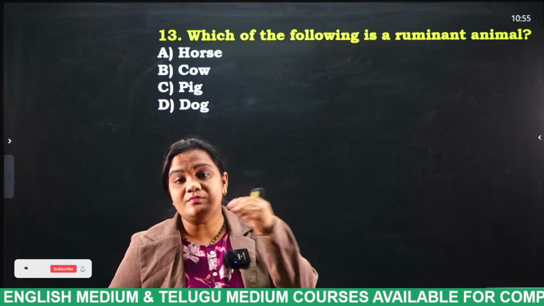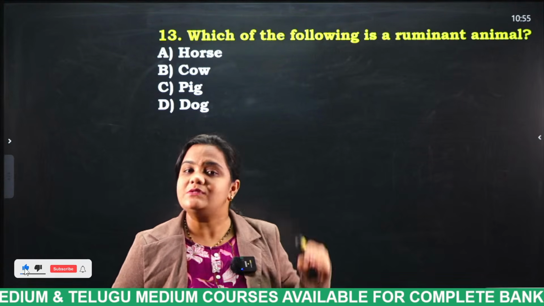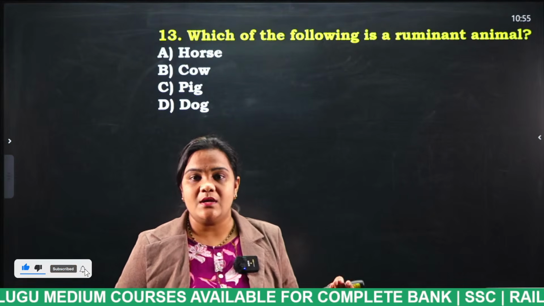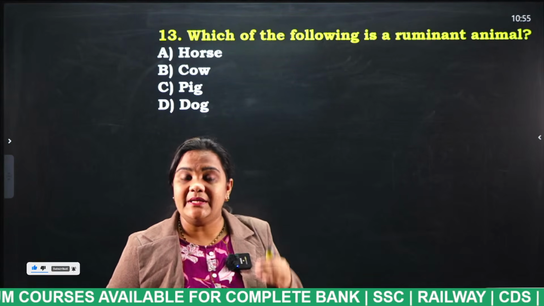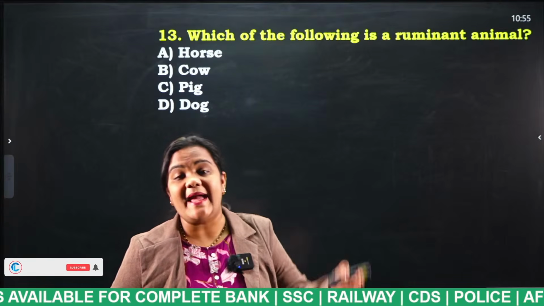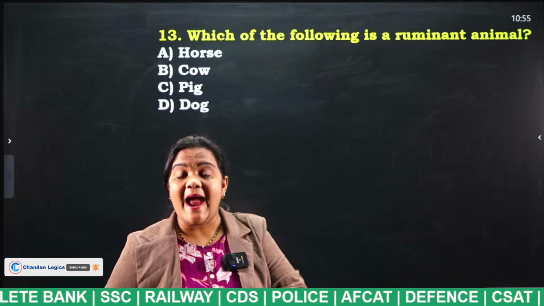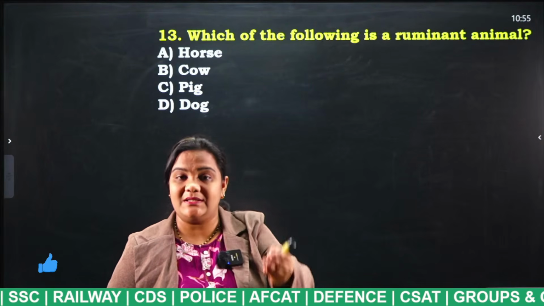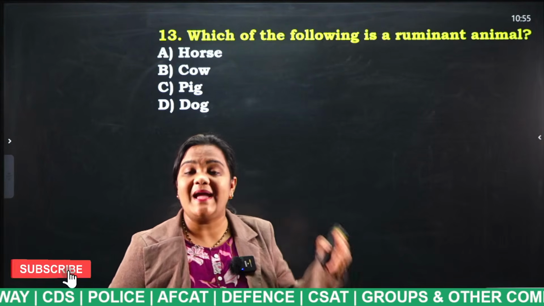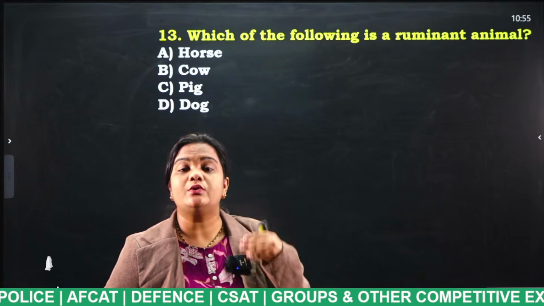When it consumes food, for example cellulose, for example grass, which is underchewed, it stores that grass in the 4-chambered stomach, and again brings back that grass for chewing with the help of microbes in order to get it digested.